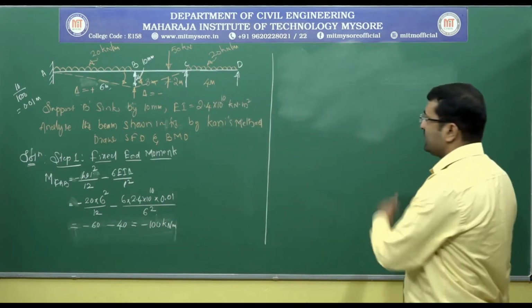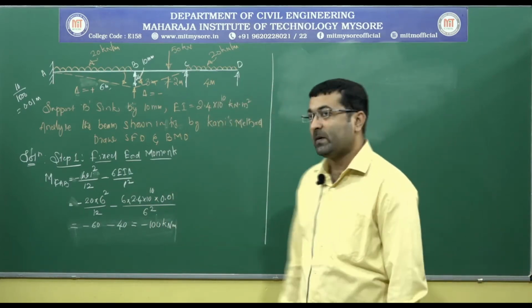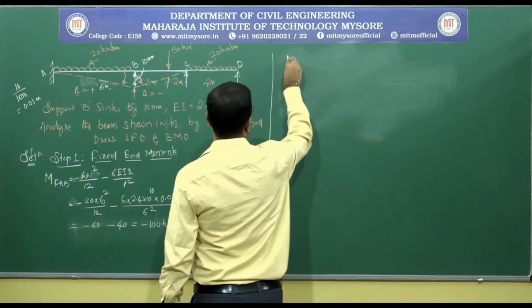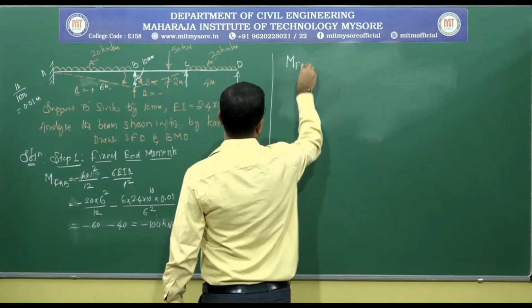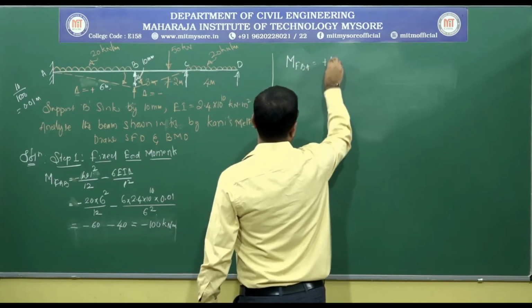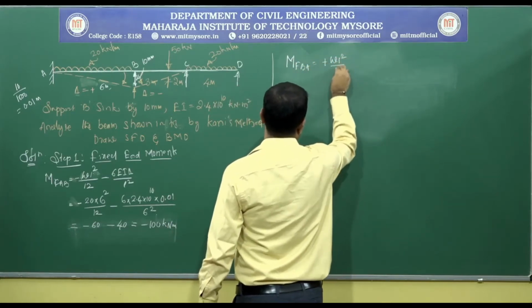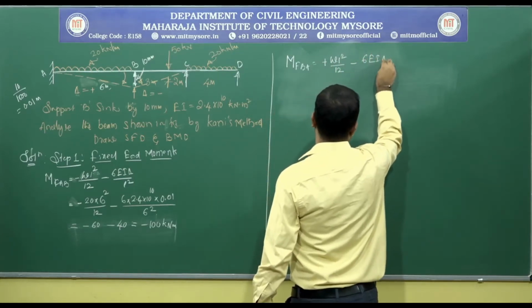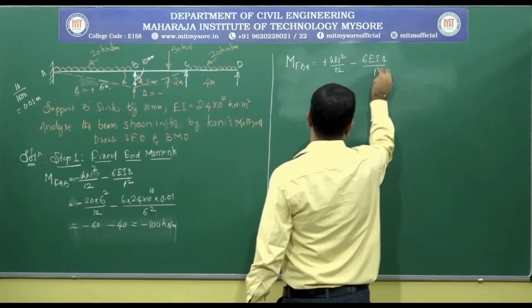So this is the fixed end moment for this span AB. Now similarly, we need to determine the fixed end moment for this span BA, that is MFBA, which is equal to plus WL square by 12 minus 6 EI delta by L square.